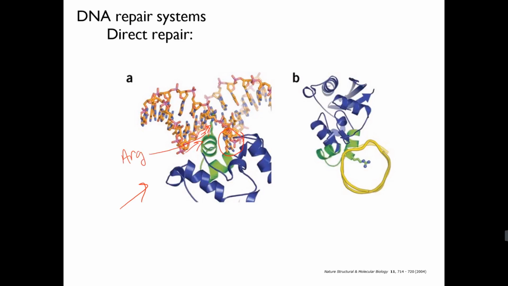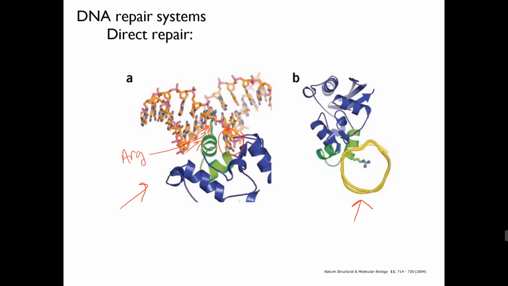So it's basically flipping the base extra helically, and again, if we view it from the top down of the helix, it's pretty wild because you can see that the arginine is intimately associated within the center of the helix, right? So it's kind of stuck right in there.